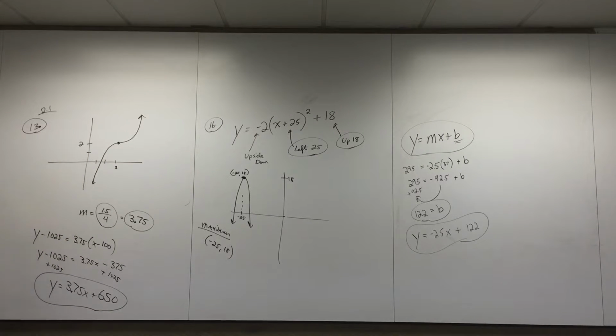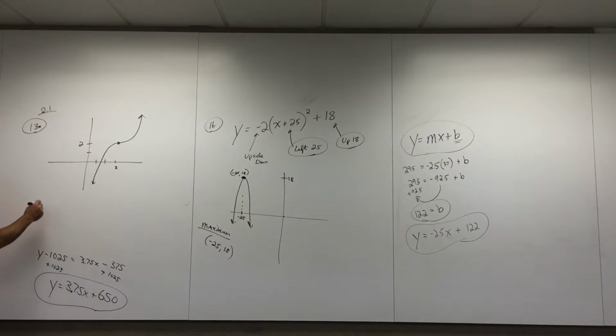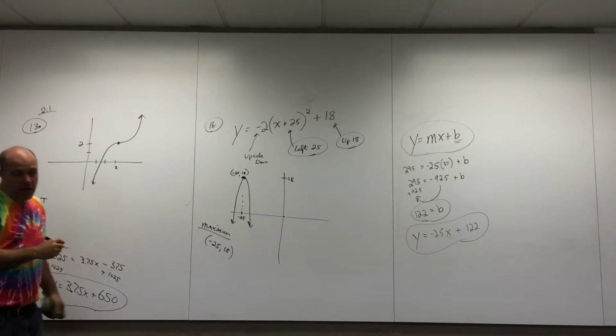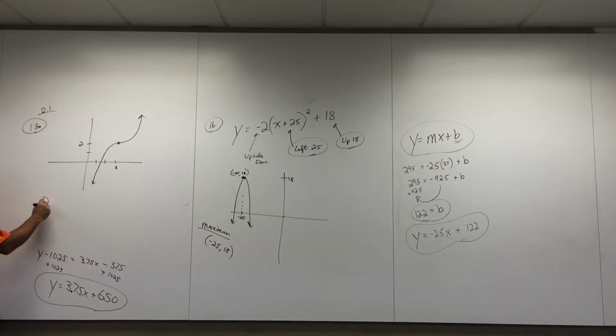Now this question wasn't asking about shifts, but it's asking when is it decreasing, when is it increasing, when is it constant, and do you see a min or a max?